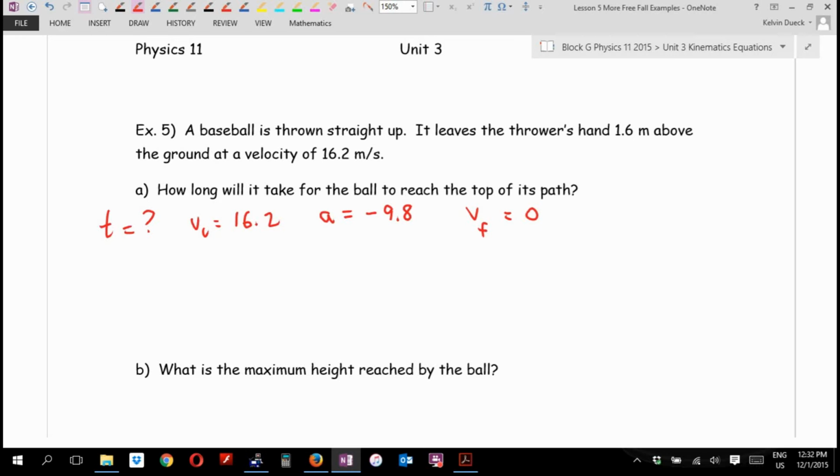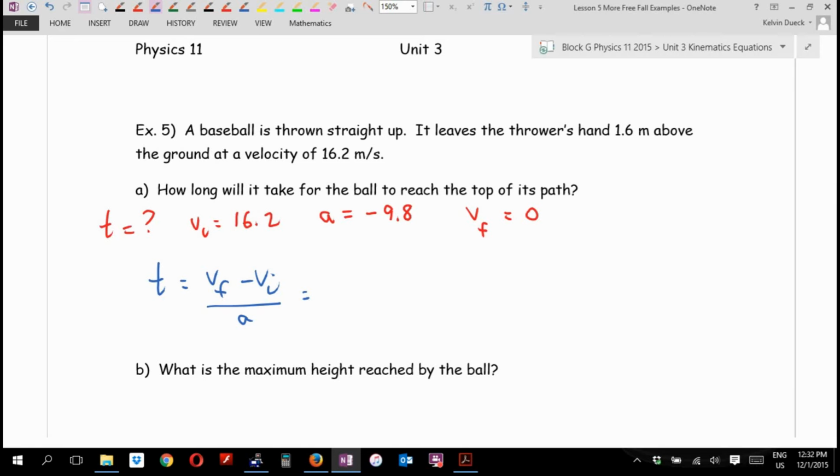Jaden, which equation has T, VI, A, and VF in it? There is one. Can you get the T by itself? You'd be correct. You get a little nerdy adrenaline rush for doing that? Huh? No? Okay. Should have. That's like better than hitting the banking 3, which I've seen you also do. Never mind.